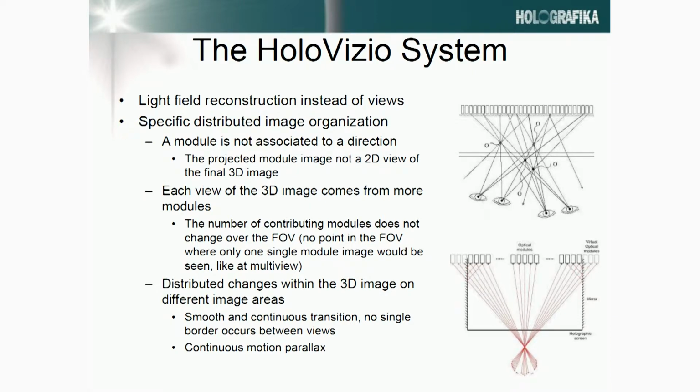So a module is not associated to a viewing direction, and the projected model image is not going to be a 2D view of the final 3D image. Each view comes from more modules, and we designed the system so that the number of contributing modules doesn't change over the FOV, so you see the same high resolution image wherever you're standing.